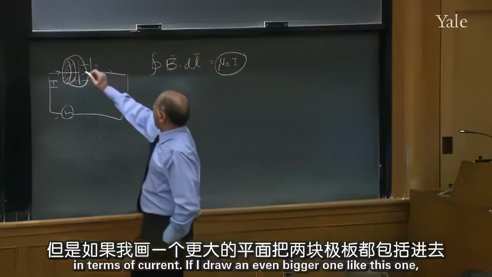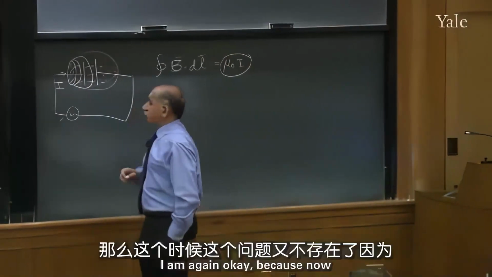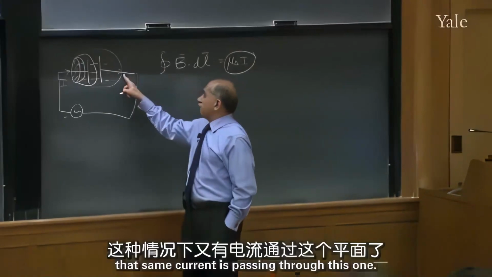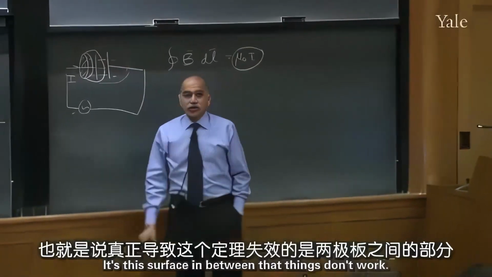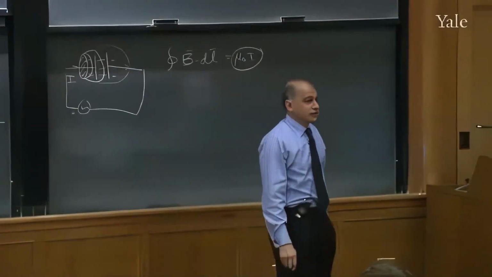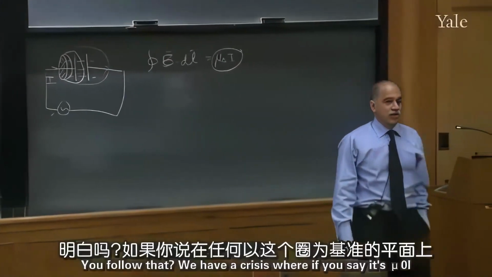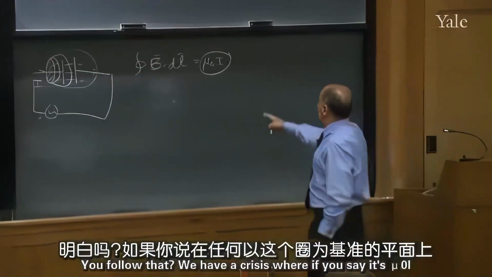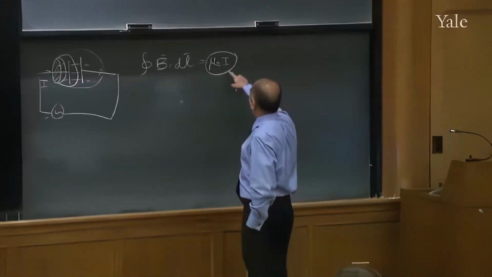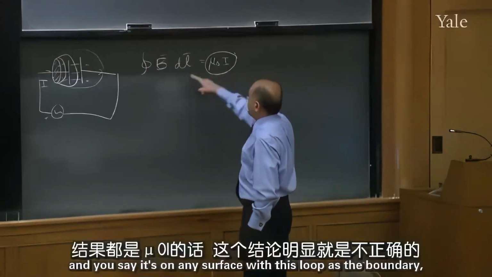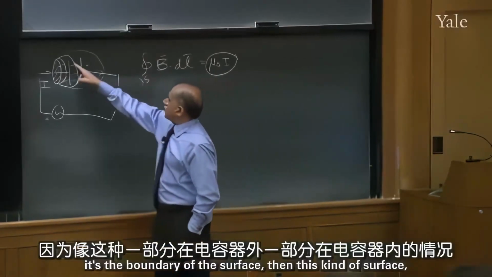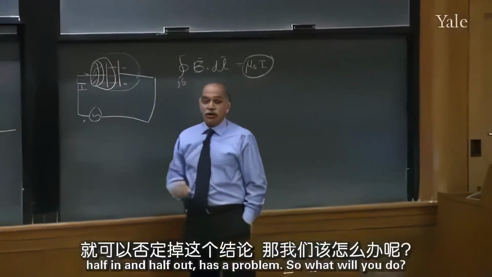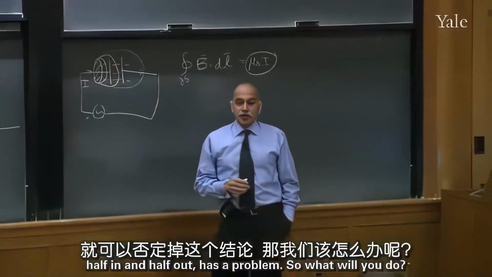If I draw an even bigger one, like this one, I'm again okay, because now that same current is passing through this one. It's this surface in between where things don't work. You follow that? We have a crisis where if you say it's mu 0 I, and you say it's on any surface with this loop as the boundary, then this kind of surface, half in and half out, has a problem. So what will you do?